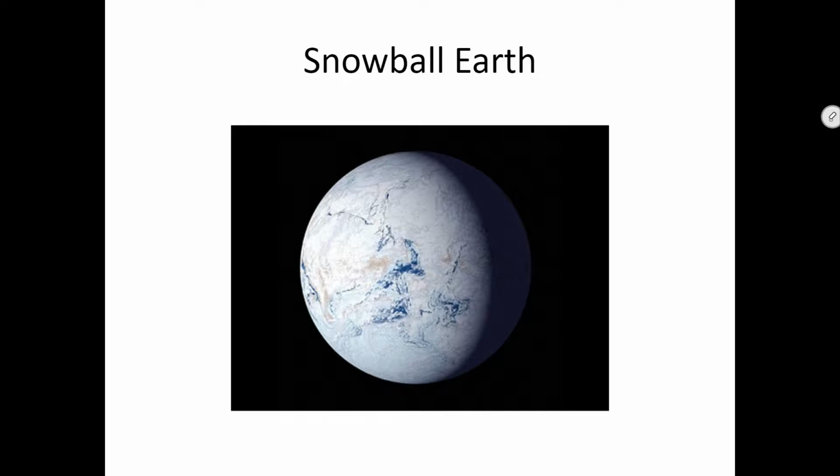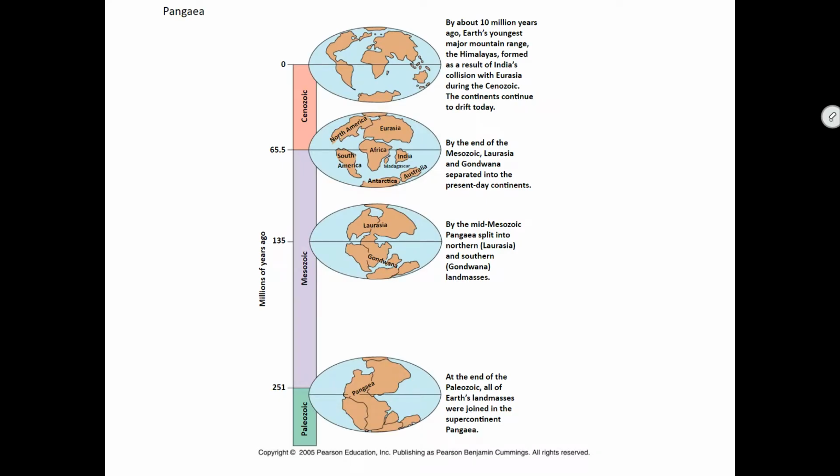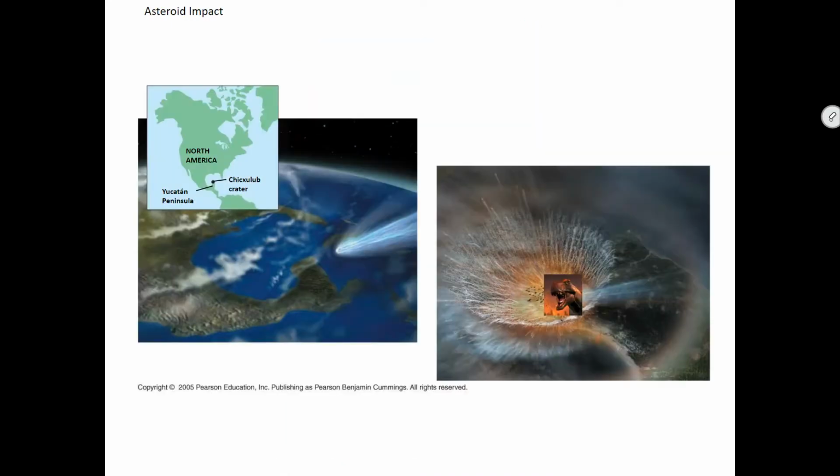The change after snowball Earth is known as the Cambrian explosion. It's not because an explosion happened. It's because so many different forms of life came on the scene after that time. And Pangea is another one. We're gonna go into this in another video, so I won't go into depth here.